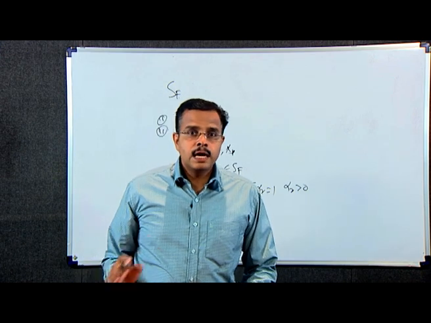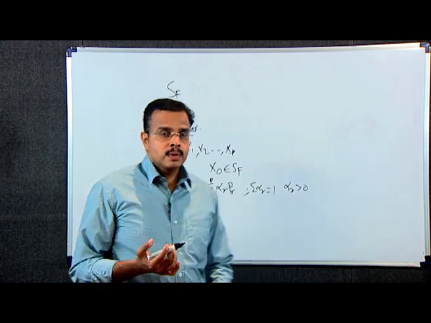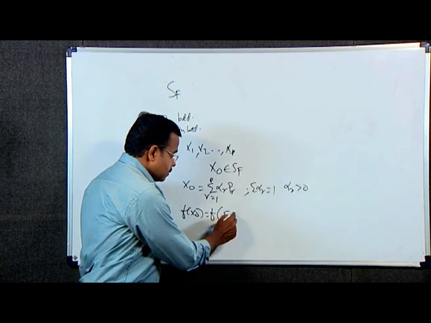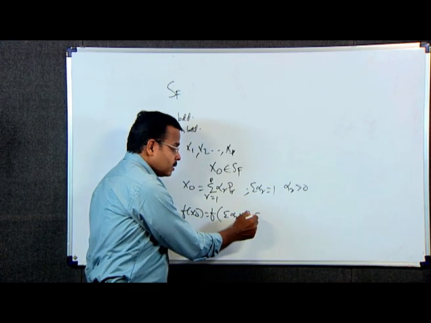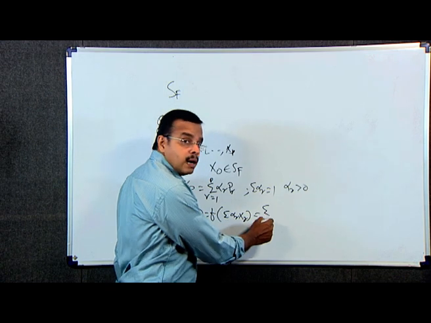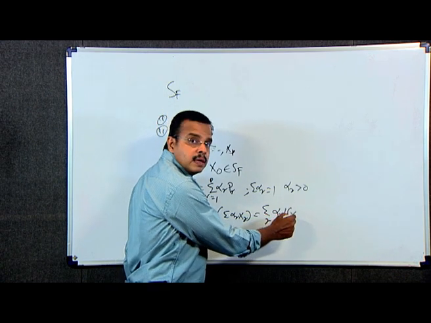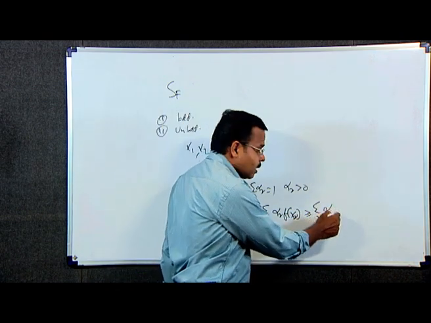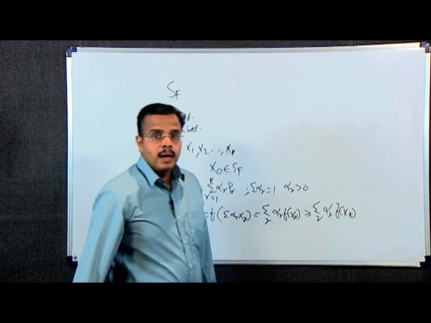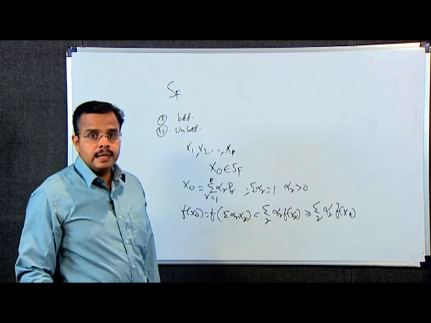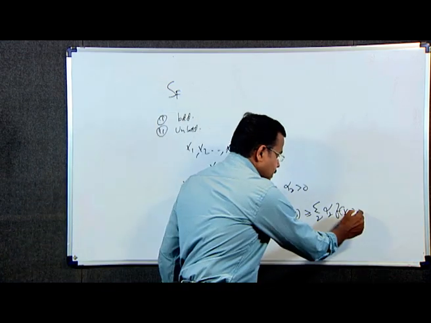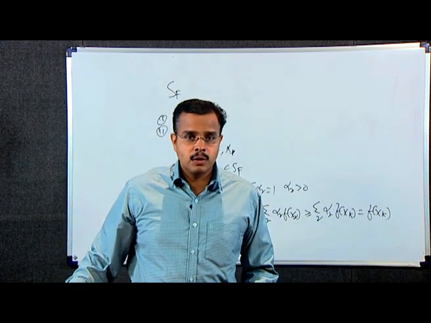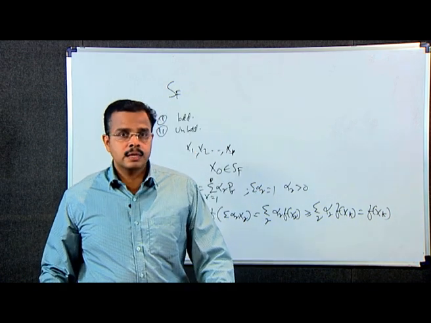Since f of x is linear, f of x0 is equal to f of summation alpha r xr, that is equal to summation over r alpha r f of xr, that is greater than or equal to summation over r alpha r f of xk, where f of xk is the least of the values of f of xr for r equal to 1 to p.